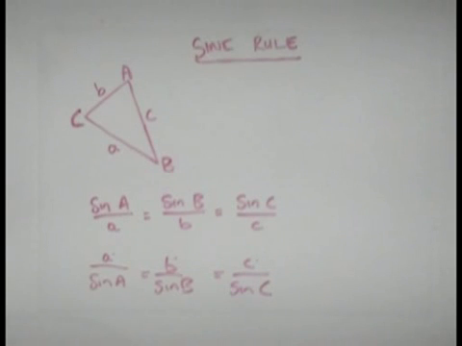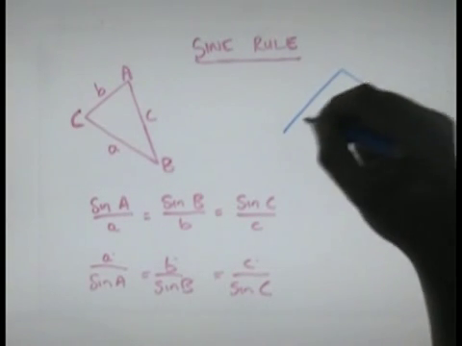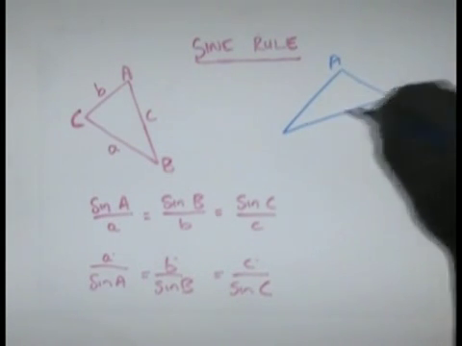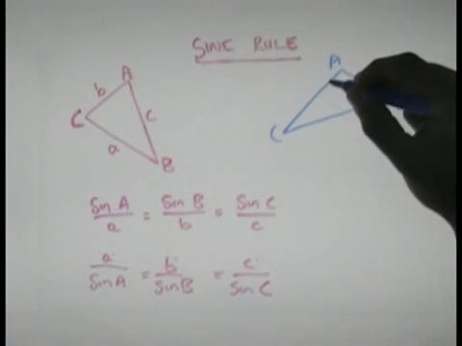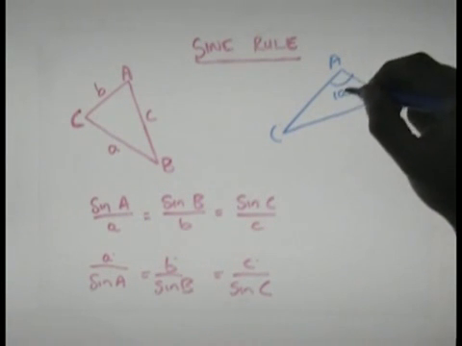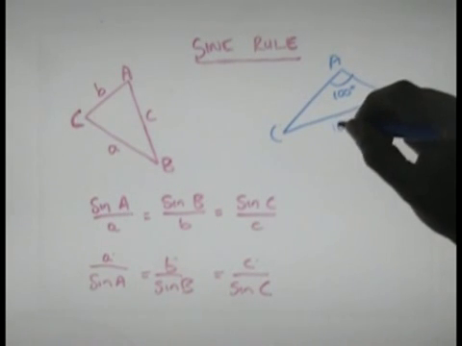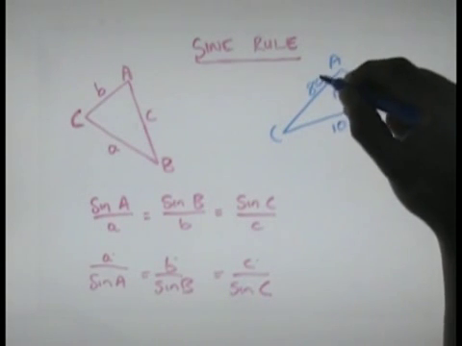Let us look at an example to illustrate. I've got a triangle ABC. I've got an angle A, I'm going to make that 100 degrees. Side A, I'm going to make it 10 centimeters. And I'm going to make side B 8 centimeters.